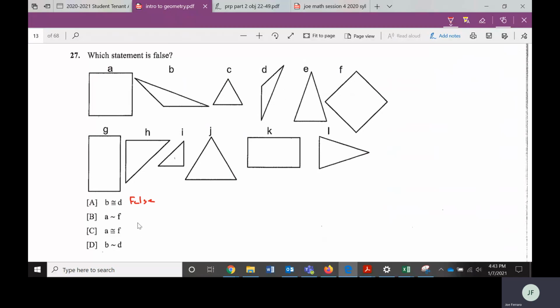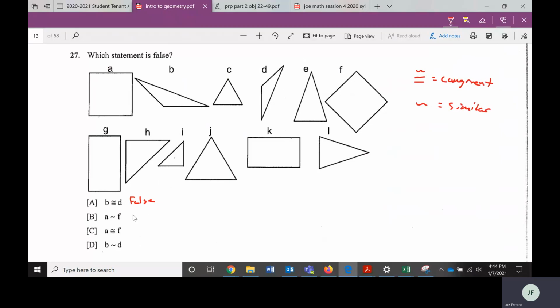And there's something I want to bring up here, just in case you don't know. This means congruent, and just the squiggly line means similar. So A is similar to F. Now, I actually think they look congruent, but that brings up a good point.